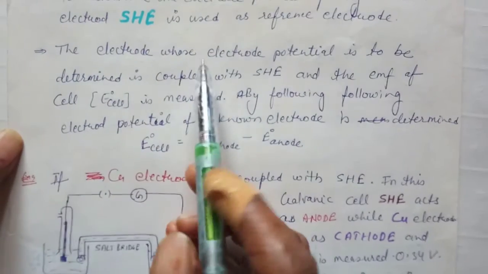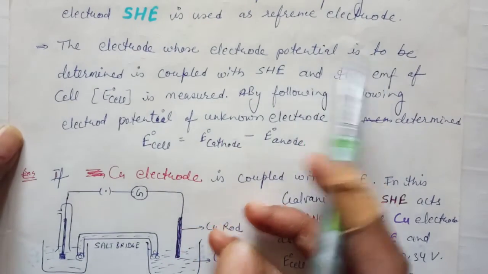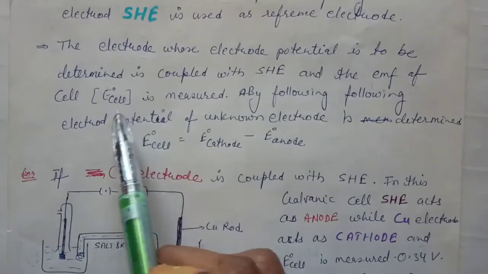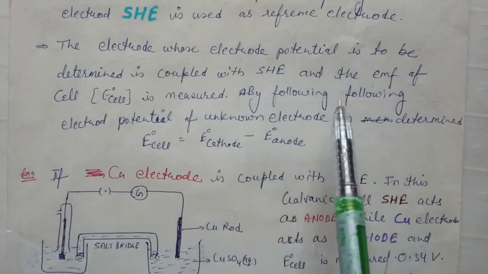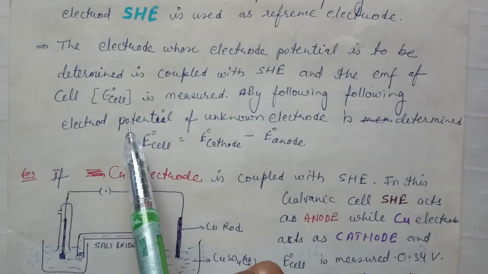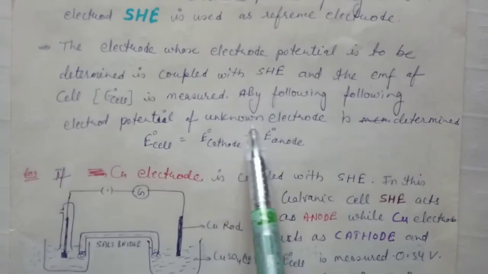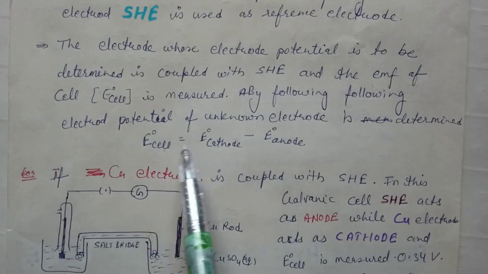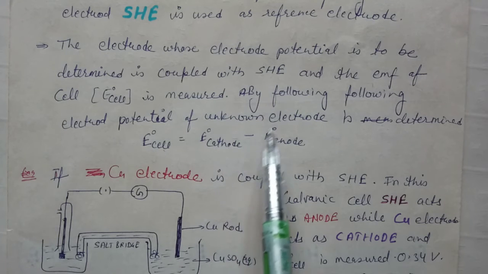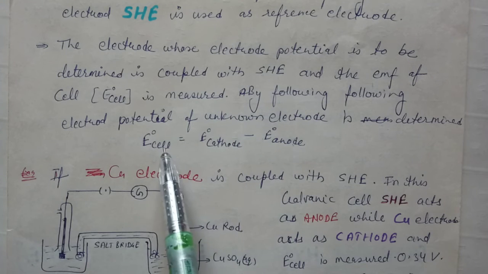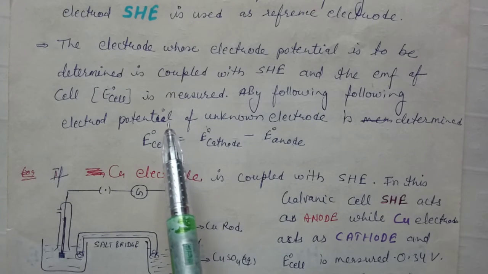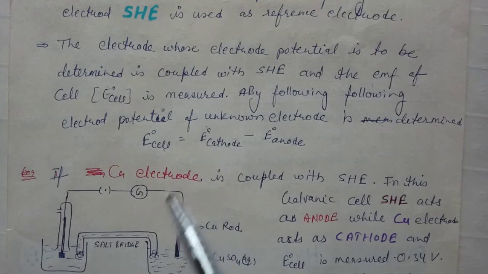The electrode whose electrode potential is to be determined is coupled with SHE and the EMF of the cell is measured. By this method, the electrode potential of unknown electrodes is determined. E naught cell is equal to E naught cathode minus E naught anode, where standard conditions are taken because we are taking the standard hydrogen electrode.